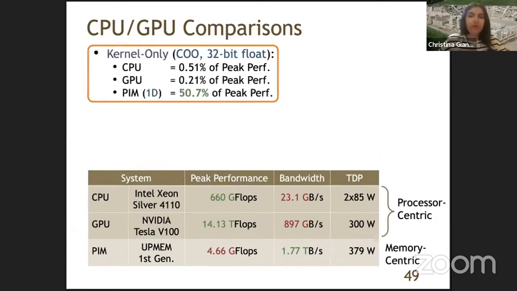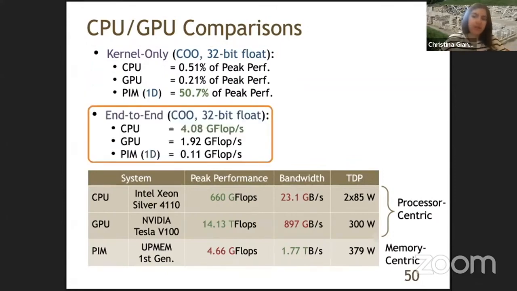So when we consider only the actual kernel time without accounting for the data transfer costs, we find that the SpMV kernel execution on a real PIM system achieves a much higher fraction of the peak performance compared to that of CPU and GPU systems, thereby providing a much higher total cost of ownership and higher resource utilization. Instead, when we consider the end-to-end execution, including the data transfer overhead for the input and output vectors, we find that the CPU system performs best.